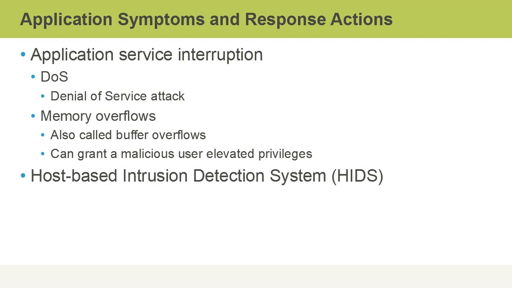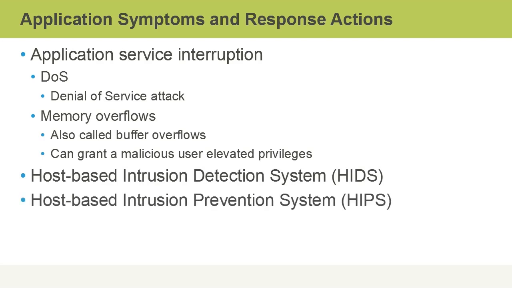Now, we're not going to run around to each and every host and check all of these things. Instead, we would use things like host-based intrusion detection systems or host-based intrusion prevention systems. There are also network counterparts that would be relevant if our application is distributed or has a lot to do with network traffic. Now, an intrusion detection system differs from a prevention system in that the prevention system can not only detect, log, and alert about suspicious activity, but a prevention system can also take steps to prevent it from continuing.